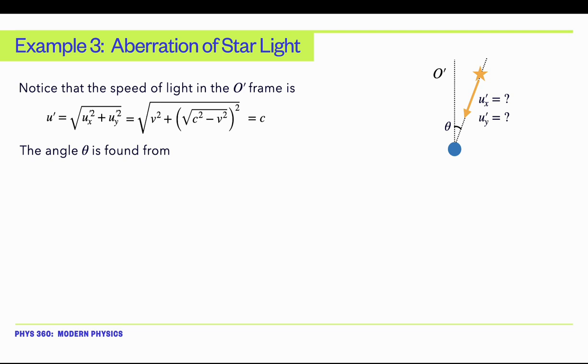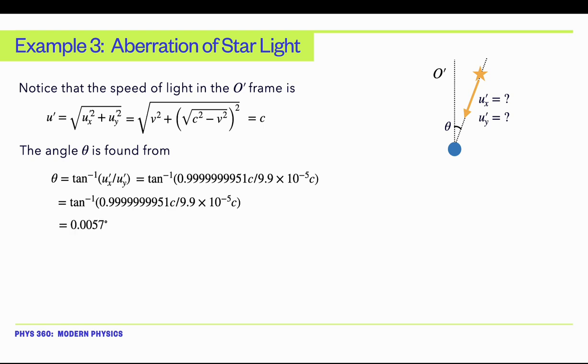Okay, so now we can figure out the angle just from the arctangent. This angle would be the arctangent of ux prime divided by uy prime. So we take the arctangent of basically c divided by 9.9 times 10 to the negative fifth c.